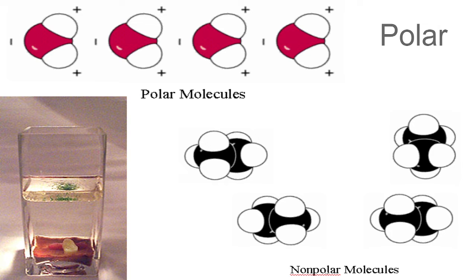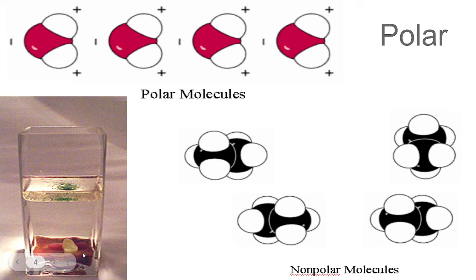Meanwhile, if it's a non-polar molecule, right here, for example, is ethane with 2 carbons and 6 hydrogens. We talked about that last time too. All covalent bonds. These are all covalent bonds, but you can see there's not a positive end and a negative end. It's just like a basketball kind of bouncing around a room, whereas this would be kind of magnets, and they're going to more or less stick together, right? They're attracted to each other.